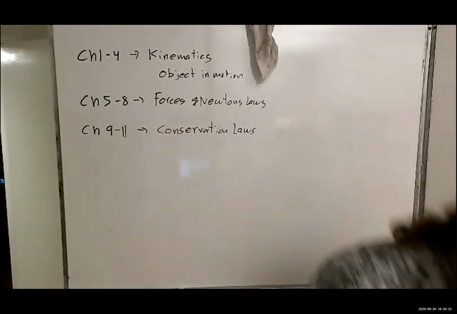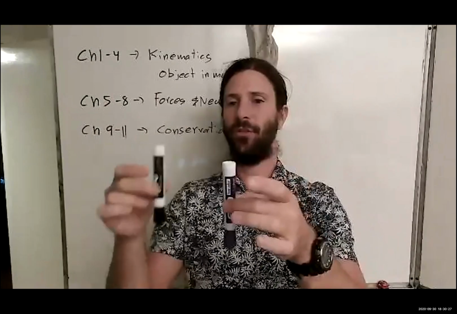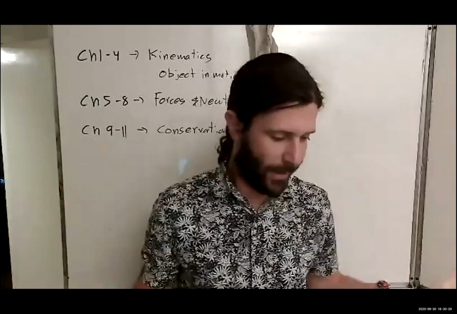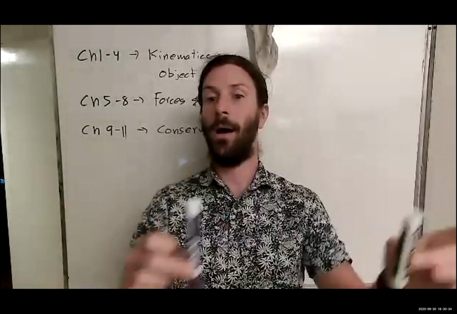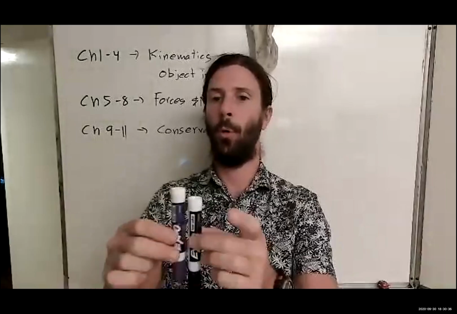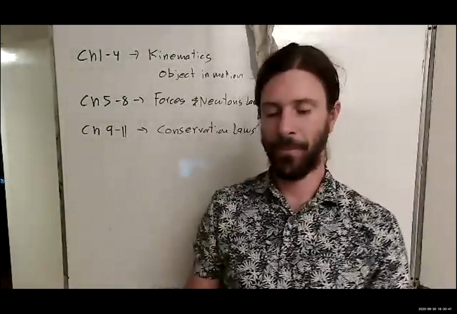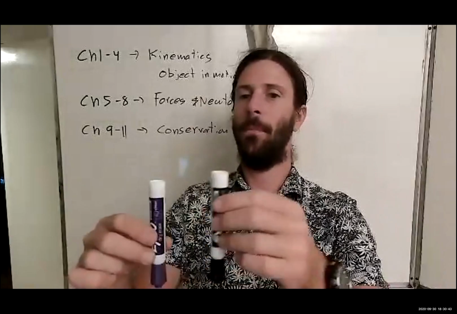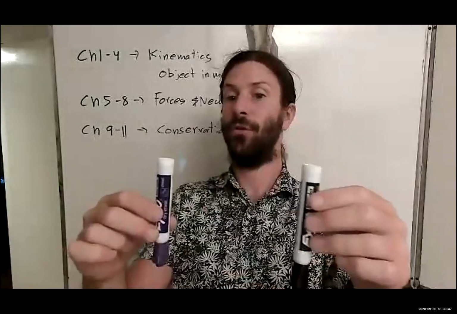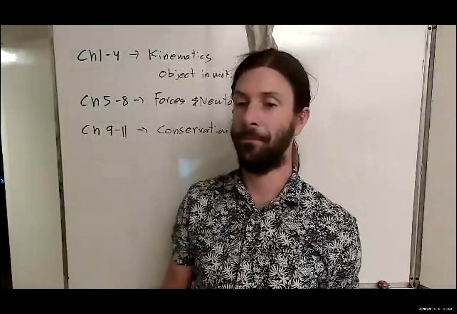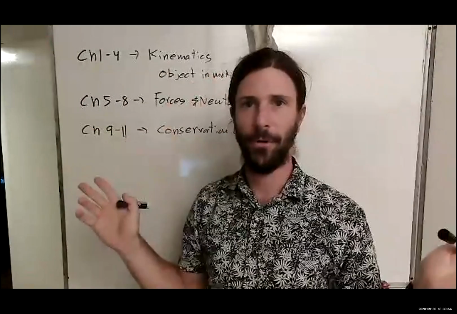For an interaction like that, this one is stationary and this one is moving, and that's an interaction between two objects. I'll do it in slow-mo, and that's what happened there. The purple one transfers its horizontal momentum to the black one. That's real fast. That's chapter 9, I believe.